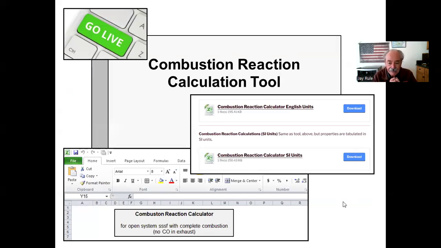So as a reminder, I want to show you how to download my combustion reaction calculator tool. It's a generic tool, okay? But its purpose is not to determine the adiabatic flame temperature. Its purpose is to determine the heat release.